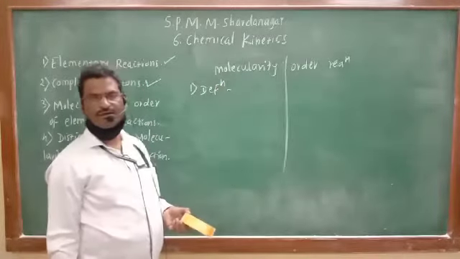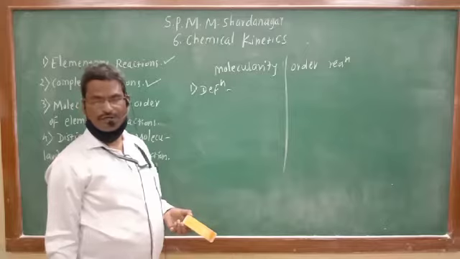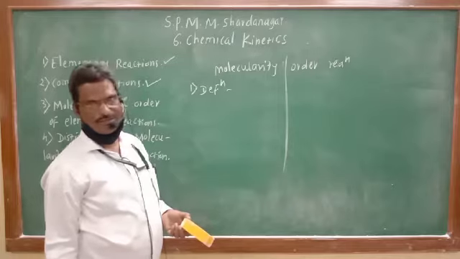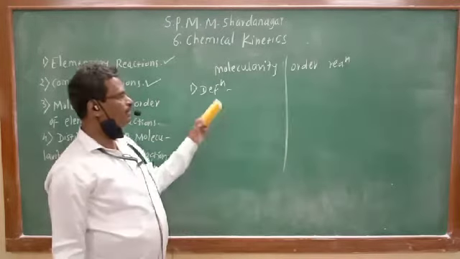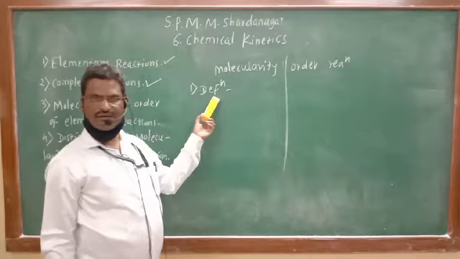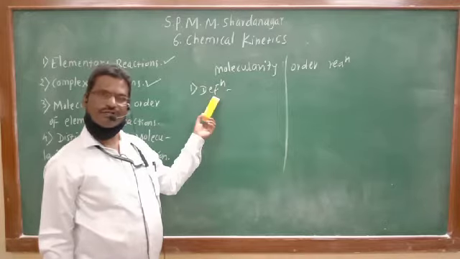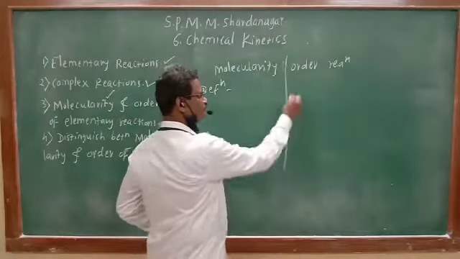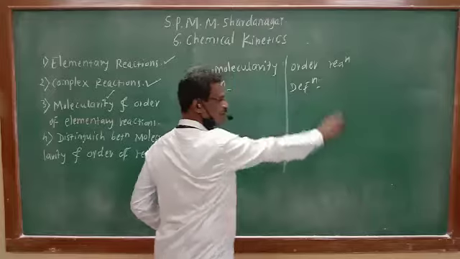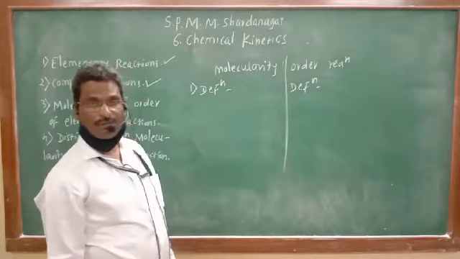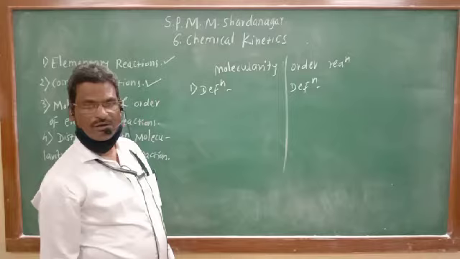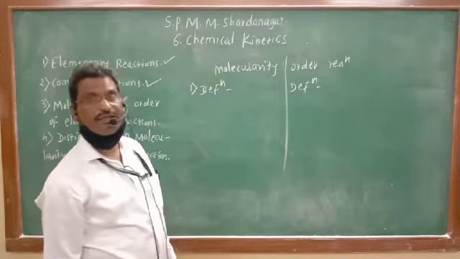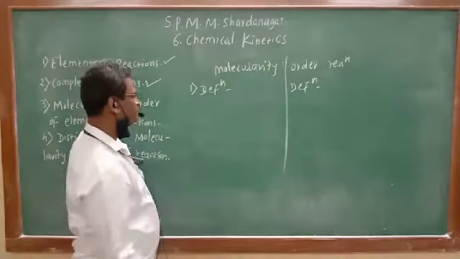Molecularity is nothing but the number of molecules of reactant involved in the chemical reaction. Very simple. And order of reaction is nothing but the summation of exponents or powers of concentration terms in the rate law equation.